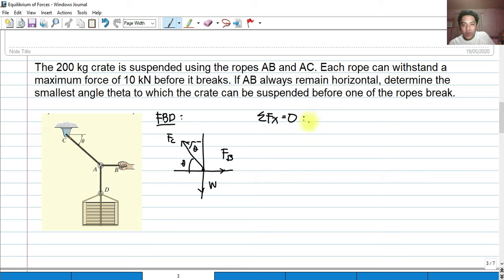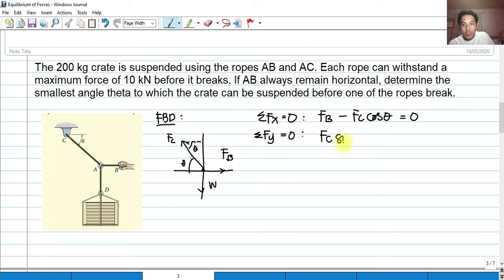So first, along x, we have F sub B going to the right. And if we're going to resolve this F sub C, it's going left. So that must be minus F sub C cosine theta equals 0. And then summation of forces along y should be equal to 0. First, we have F sub C. If we resolve it on our y-axis, it should be positive because it's going upward.